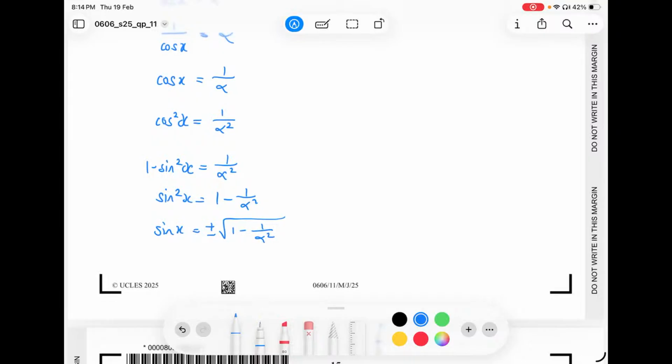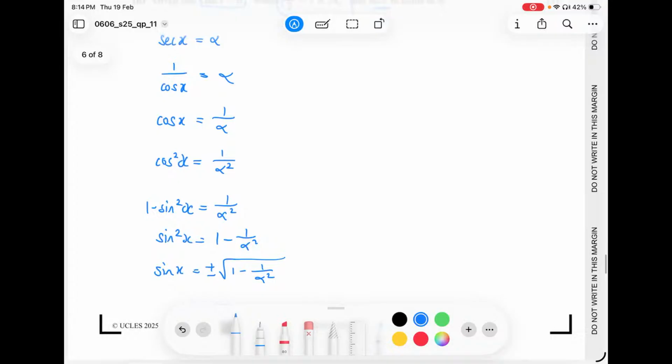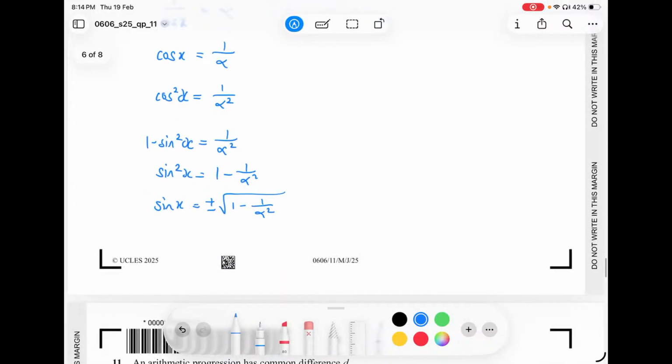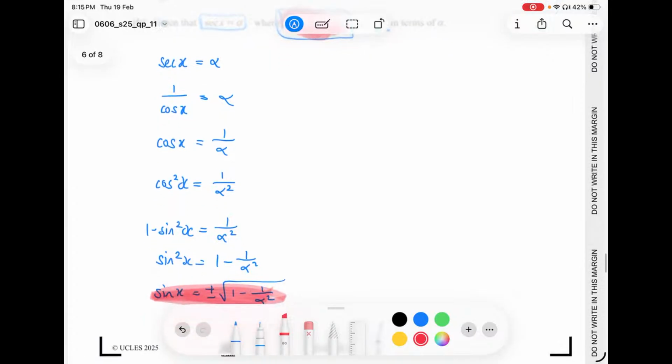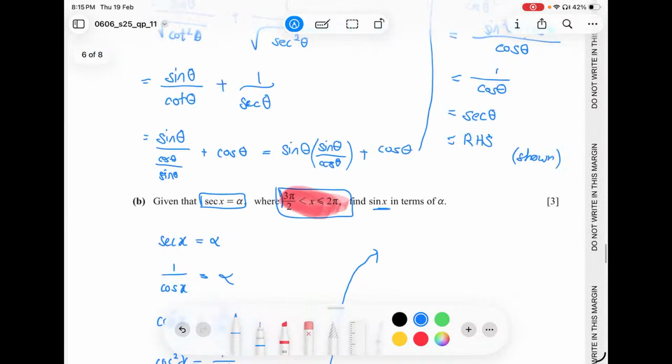So now you have this. Now you need to connect. If you state that this is going to be the answer, of course you're going to be wrong, because you're given a domain over here which you need to follow. So x cannot be beyond this domain. What this domain suggests is, we have 3 pi by 2.